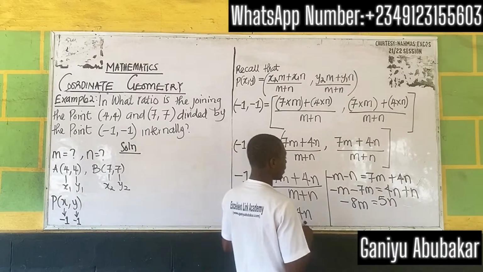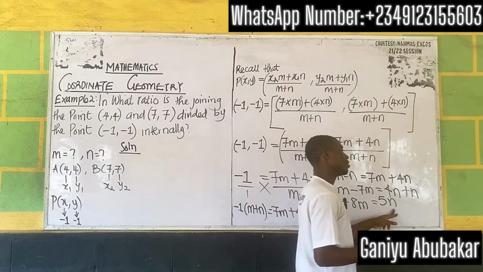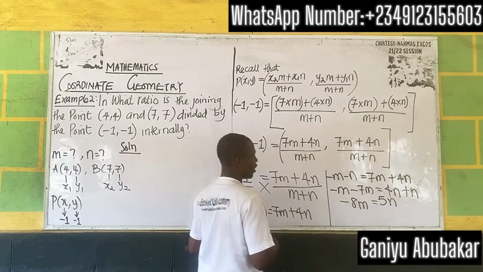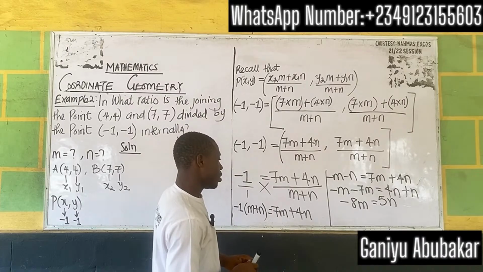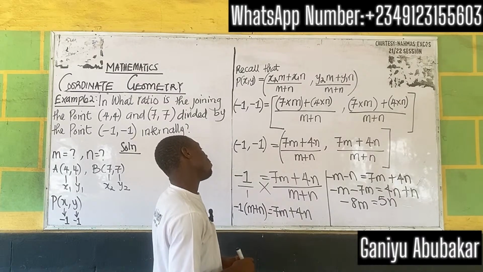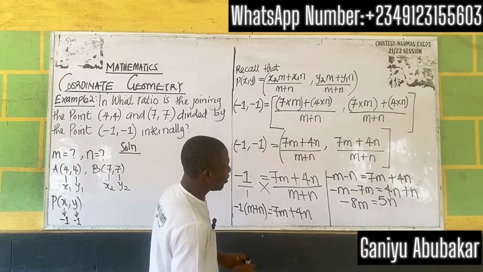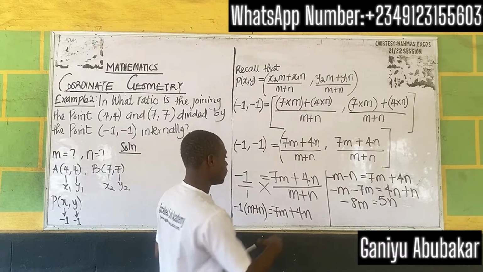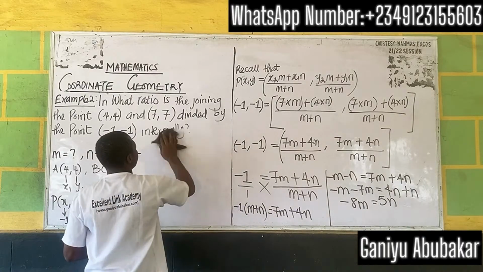My next task now is that observe that I want to get a ratio of m and n, right? So if I divide both sides by -8, from here let's get m and n.